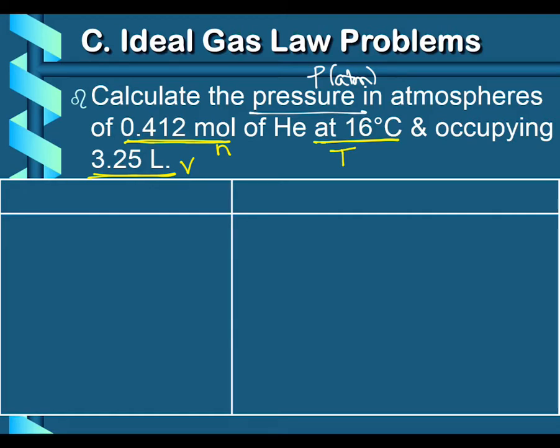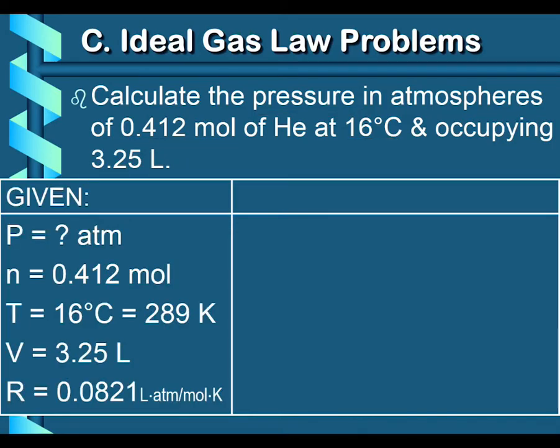So if we go assign our different variables or symbols to each of these, we get pressure is what we're looking for in atmospheres. 0.412 moles, we're using the letter N. Temperature, we've converted that to Kelvin. Volume is in liters, and the R value that is being used is this one right here, and it's based on the units.